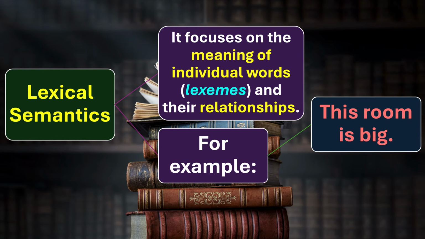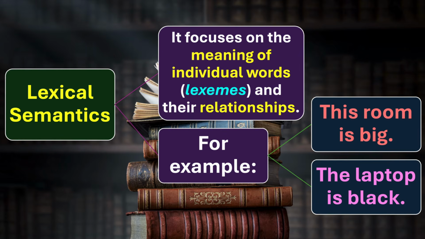Take another example. The laptop is black, and you can derive the meaning of individual words simply in a straightforward manner, and there is no complication, there is no hidden meaning. So lexical semantics basically is all about deriving the meaning of the individual words and the relationship between words in conveying the meaning of the sentence.